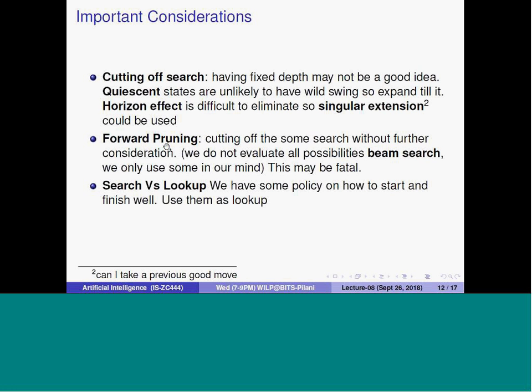How? There is previous knowledge available to you, and you are going in that particular direction. Therefore, I am saying you are doing beam search. You don't go in all directions; you have a beam, and you go only in that direction. So this is also one way of pruning. It may be fatal. This may not always be a good thing.